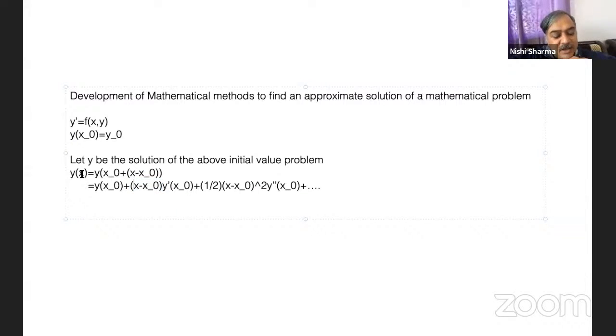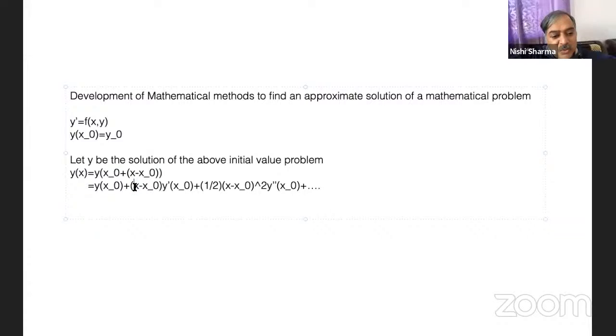That point is given to me. X is known to me, the distance between x and x naught. Because it is defined, this is an operator, so we can say that this is true for all x belonging to an interval I, where I is contained in R, the real line. So it is an interval.